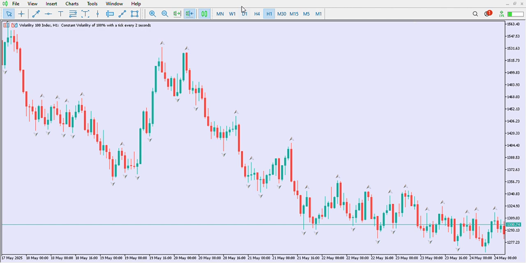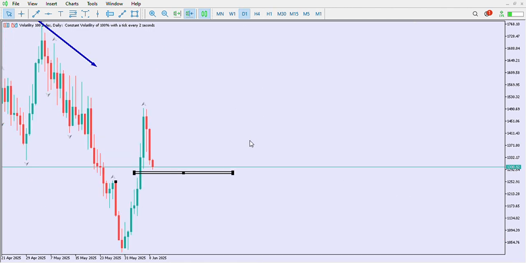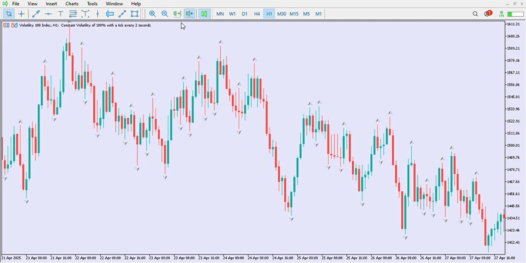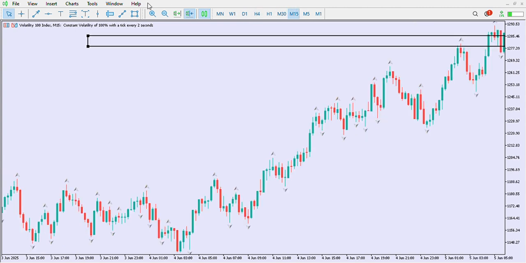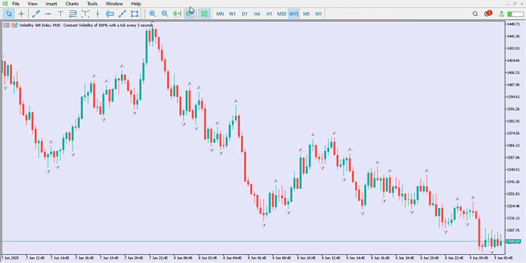No problem with that. We are waiting for the market to come to that point. If it wants to hit our point here, we look for buys. So we keep on waiting and see how the market wants to behave if it reaches that point there.